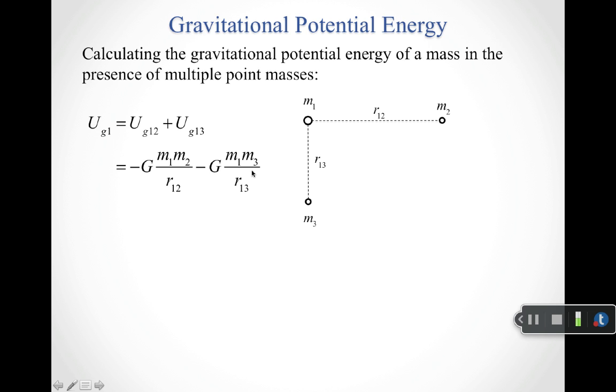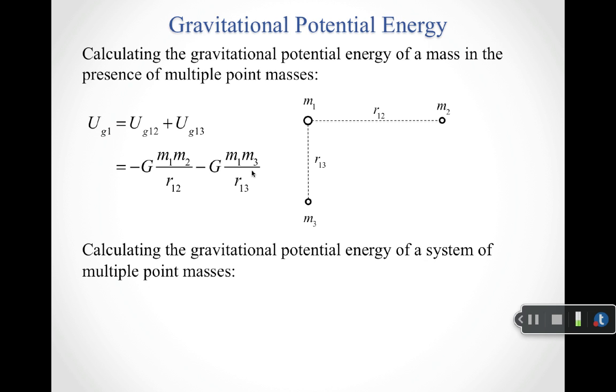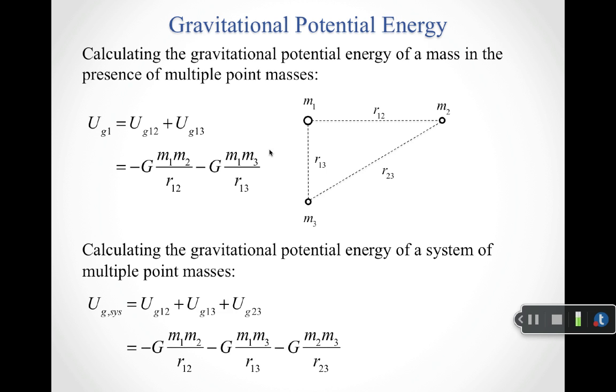If what I want to do is ask an additional problem that says, well, what's the gravitational potential energy of my whole system? Well, now with my system of 3 particles, I need to add up over all the possible pairs. So I've got 2 pairs so far, m1 and m2 and m1 and m3. What I'm leaving out is m2 and m3. So to think about the gravitational potential energy of the system, all I need to do is add up all the possible pairs.